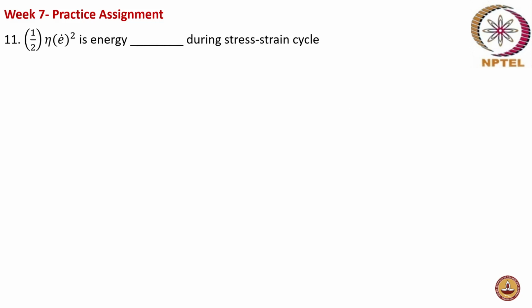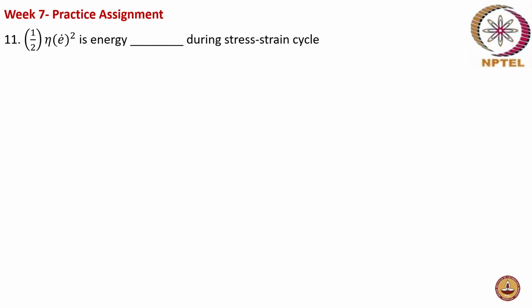Now tell me, half eta into strain rate square is energy dash during a stress strain cycle. Ma'am, it's work done, so kinetic energy. Energy dash during a stress strain cycle.